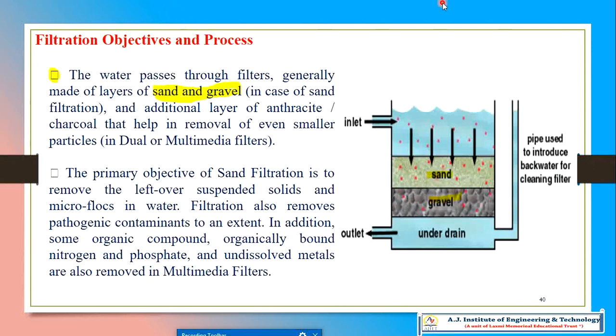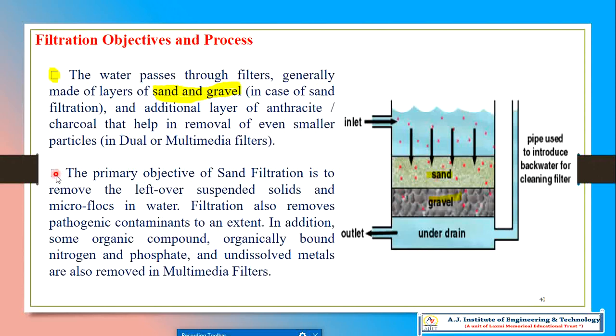If you use charcoal, the adsorption capacity will be more, or even smaller particles can be removed. The primary objective of sand filtration is to remove leftover suspended solids and microflocs in the water. Clear?